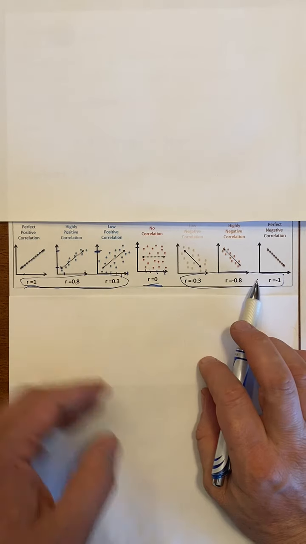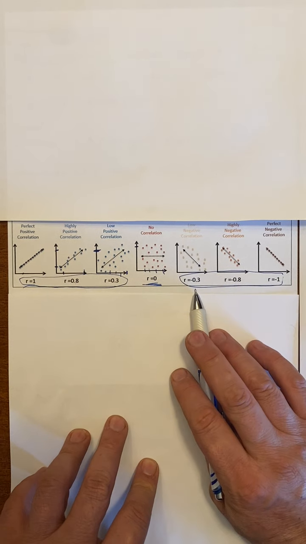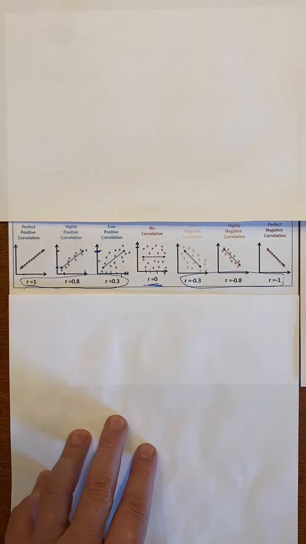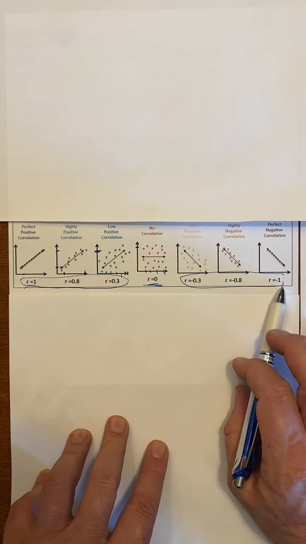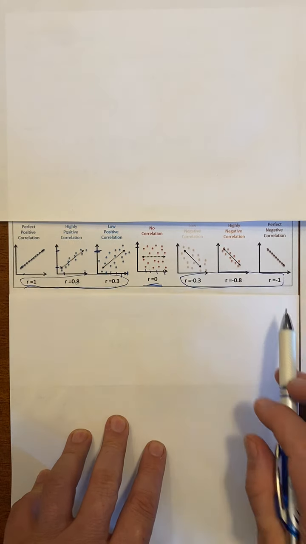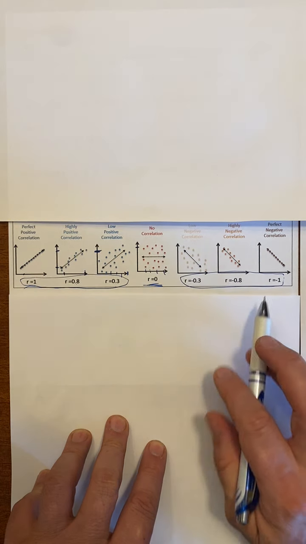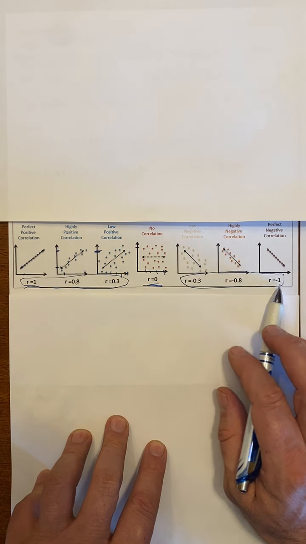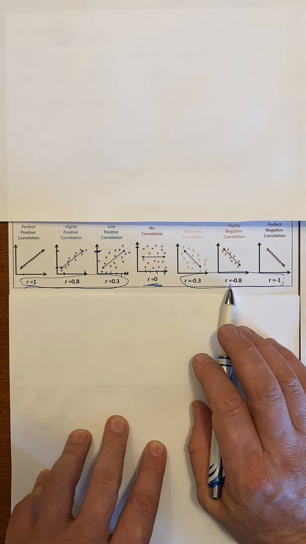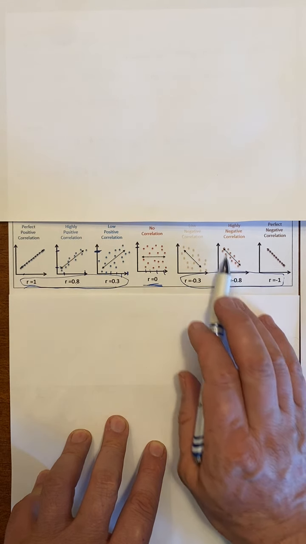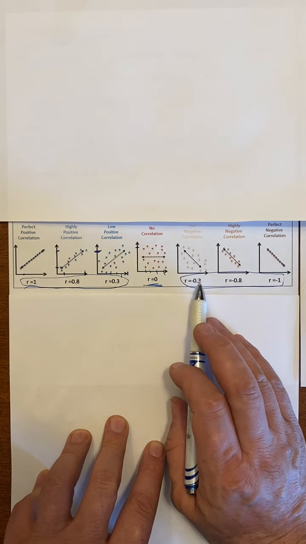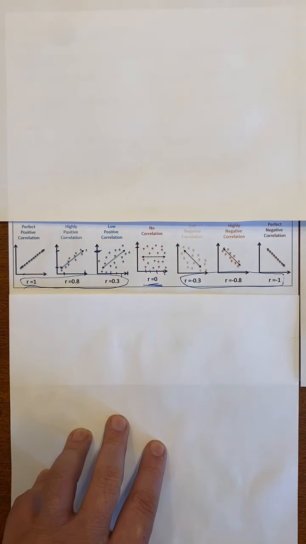Over here, these are negative values, but you see the same type of relationship. Again, we're just talking about how large the number is, and we'll say the absolute value, right? So we still have a 1 being a perfect correlation, a 0.8 being a really good correlation, and a 0.3 being a not so great correlation.